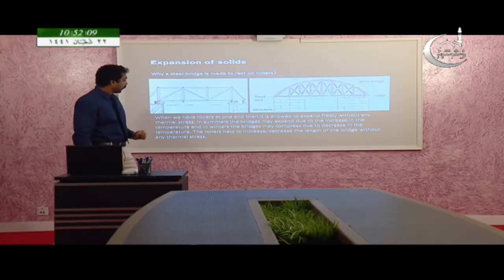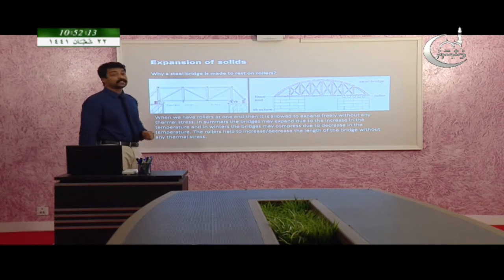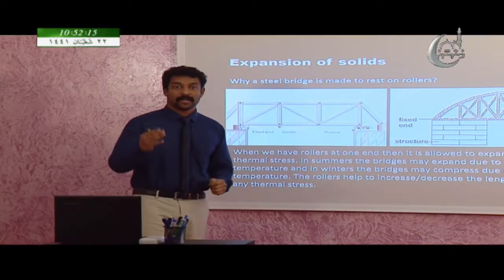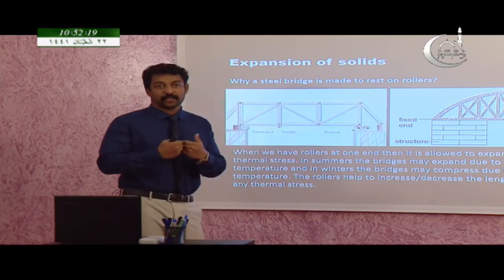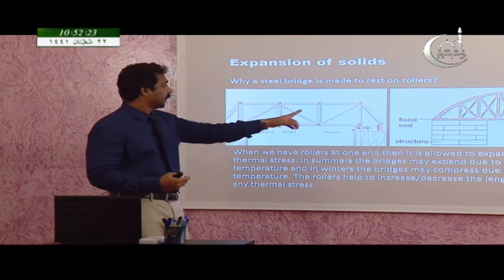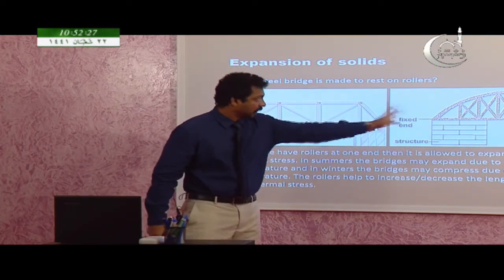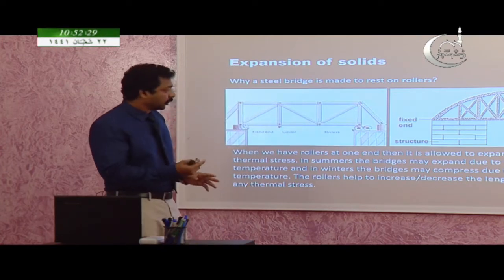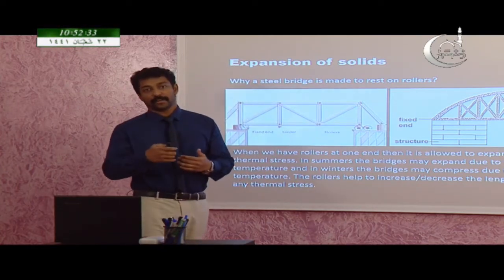The rollers help to increase or decrease the length of the bridge without any thermal stress. So the rollers are helping with this expansion, increasing or decreasing the length. In the two cases, we can see the simple concept. There is a roller here, and the other case also has rollers. So in summer or winter, in both cases, it expands and contracts.